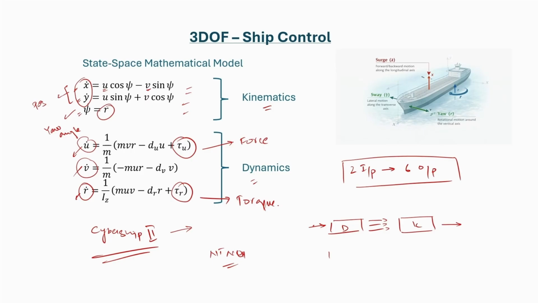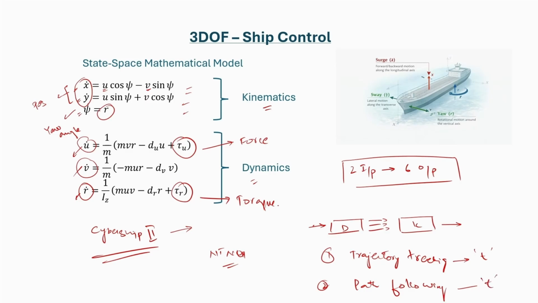So we have two types of control designs. One is trajectory tracking. And the second one is path following. Okay. The difference is that trajectory tracking depends on the time parameter, but path following does not depend on time. Okay.